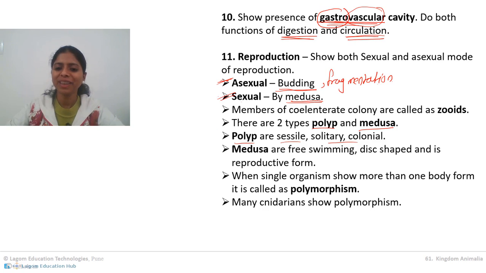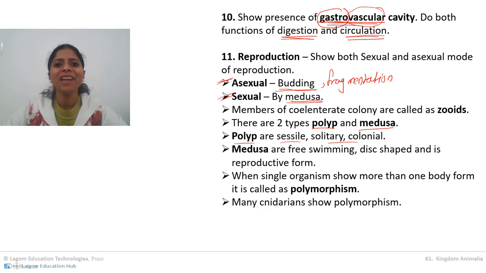Now there is an interesting story of why they are called medusa. Now see. Carolus Linnaeus is that very famous scientist who named almost all the organisms, 90% of the organisms, who discovered binomial nomenclature. Do you remember Carolus Linnaeus? This Carolus Linnaeus was the one who found these two forms, polyp and medusa.